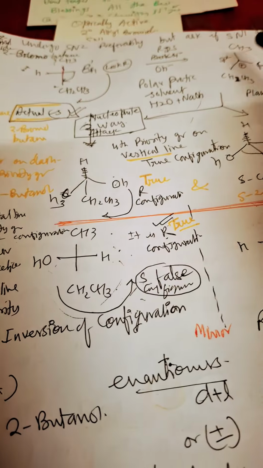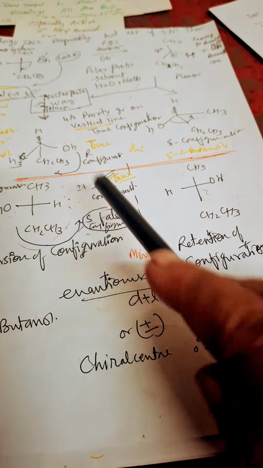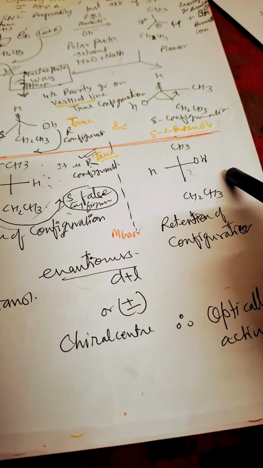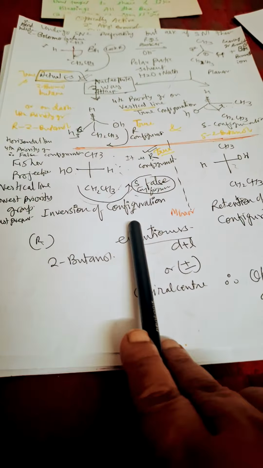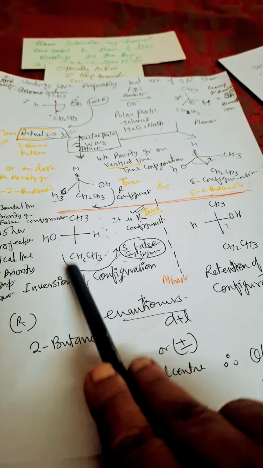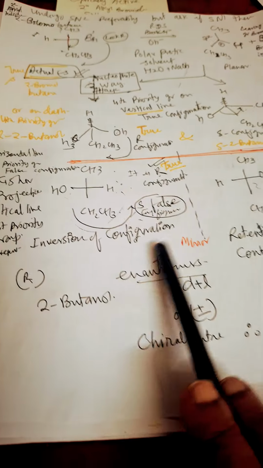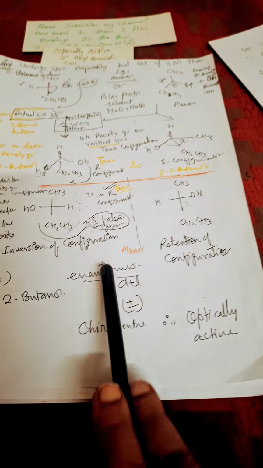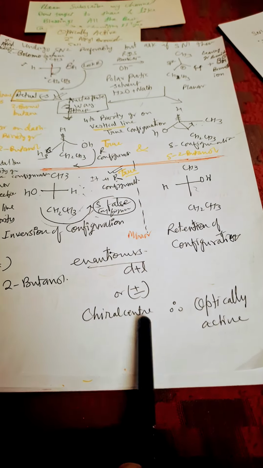So either side of this OH can attack it, so we'll get this configuration, R configuration as well as S configuration. So retention of configuration takes place, and inversion of configuration takes place. That is why it is actual S, it is actual R. Okay, so this product is obtained, and it is an enantiomer. An optically active compound will give you enantiomers. Here an optically active chiral molecule is there.